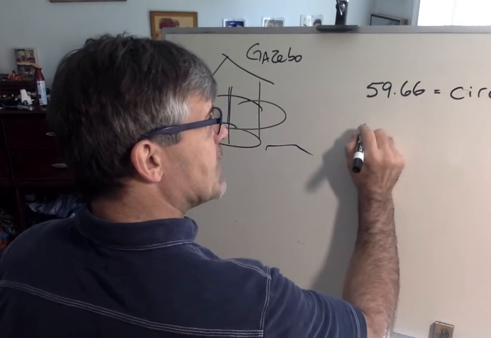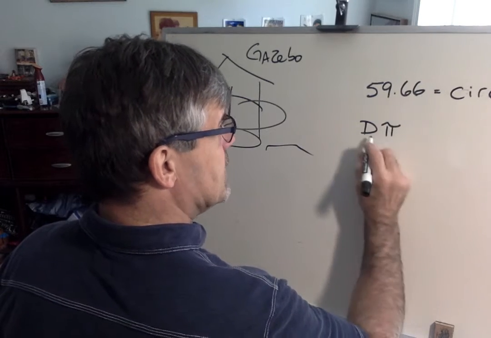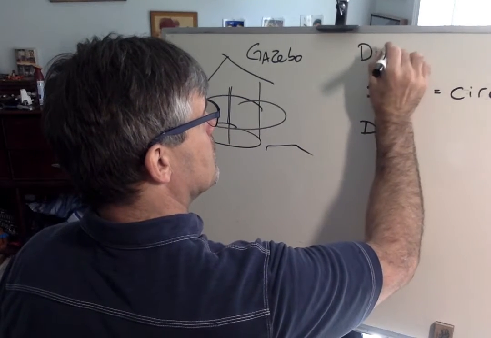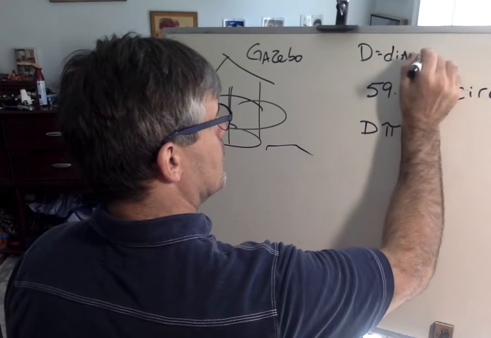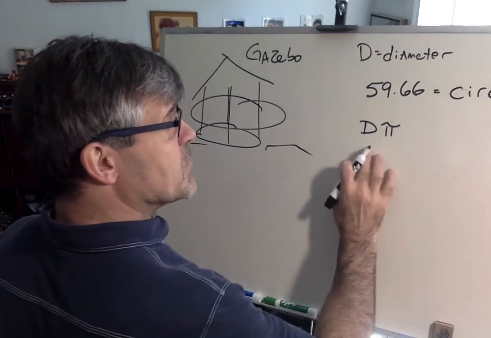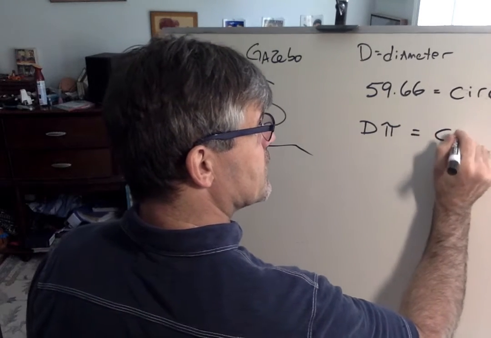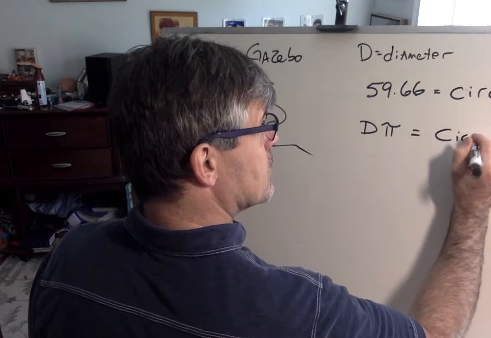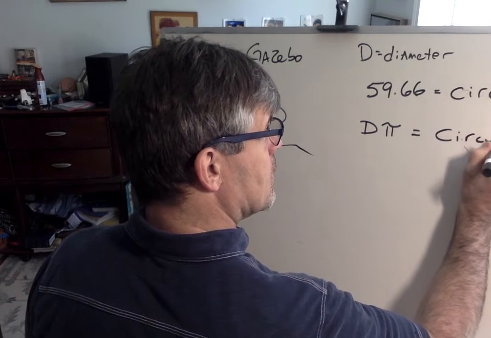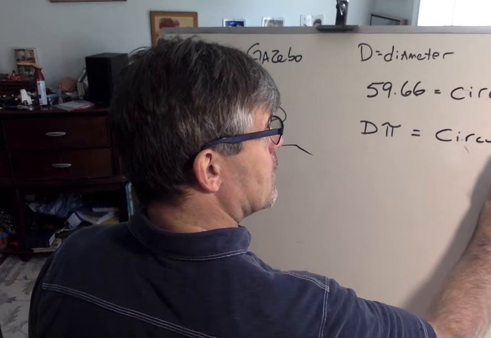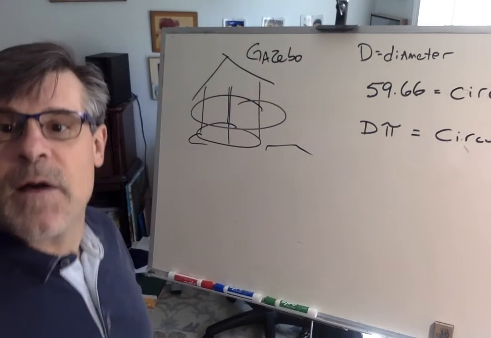We know that diameter times pi, where d is diameter, equals the circumference.